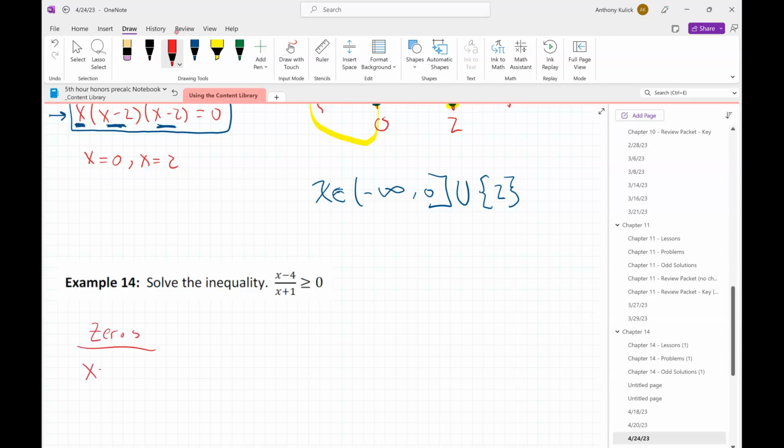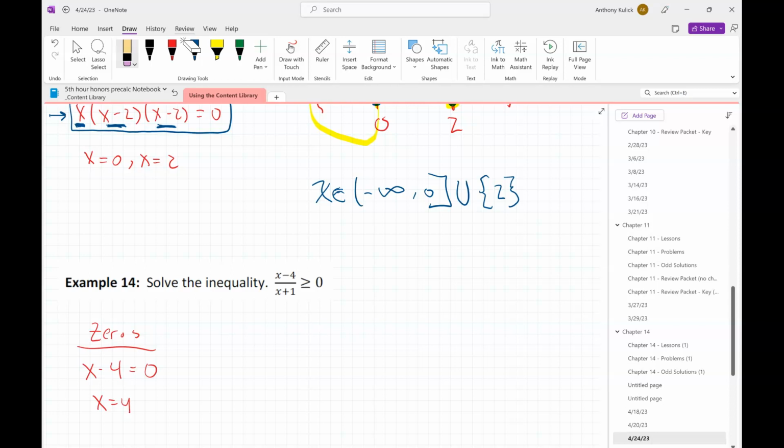So I know the zeros are going to come from setting the numerator equal to 0, right? But a rational function is not continuous, or doesn't have to be continuous anyways. You could have a discontinuity at any place where the denominator is equal to 0.